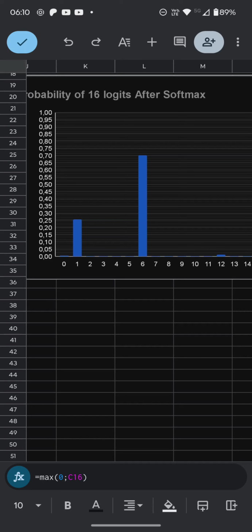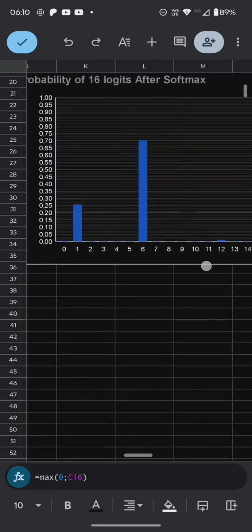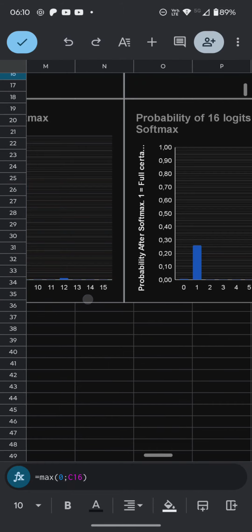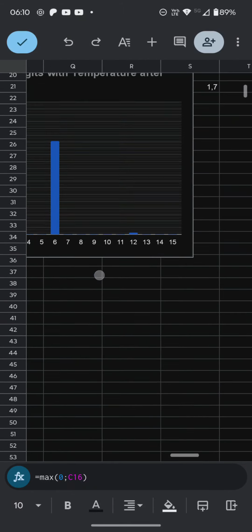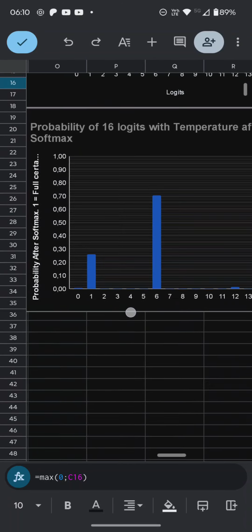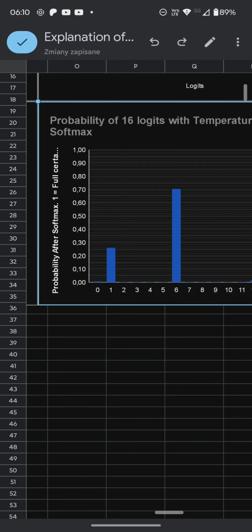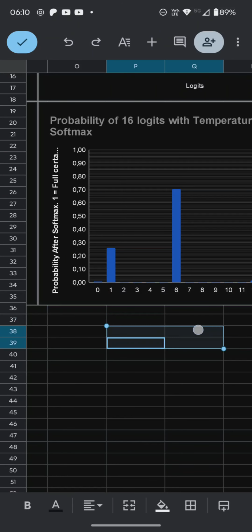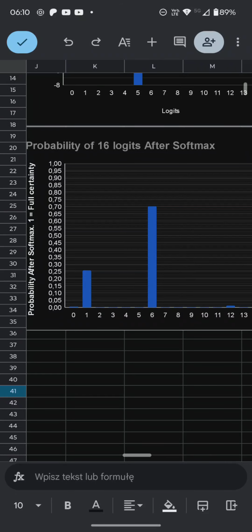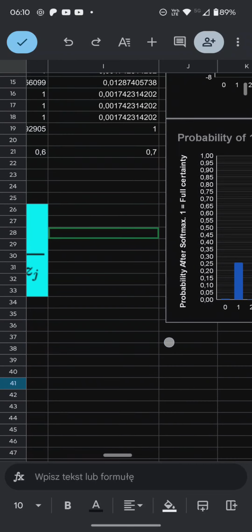So we see 70%, slightly over 25%, 1%, and here you would see maybe 0.5% on logit 0. And that's all. Again, with temperature, if we increase it, most of the noise we are getting would be because we have so few logits.